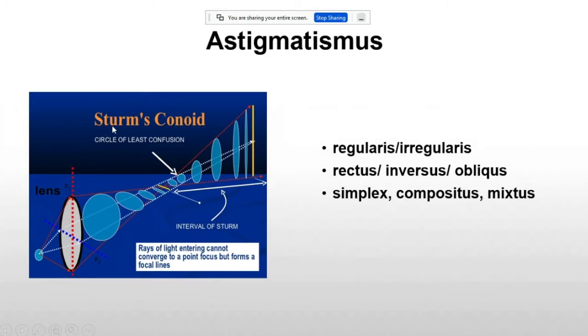Here is one schema, the so-called conoid of Sturm, that really illustrates this picture. That's the cornea. It's not a sphere, it's ovoidal. This meridian refracts differently from that one. These are the two main meridians. The red one refracts more, and the blue least.